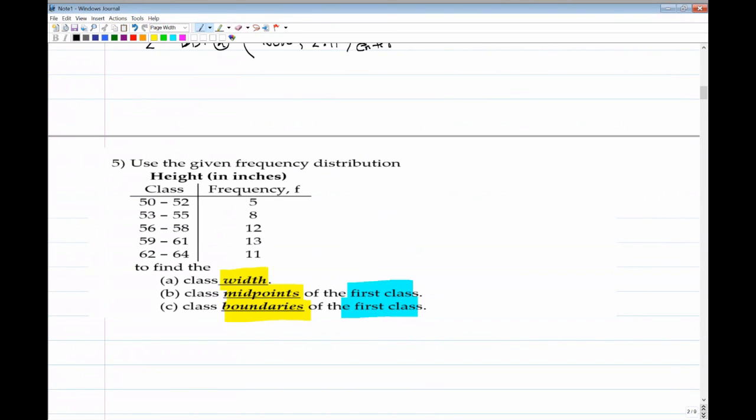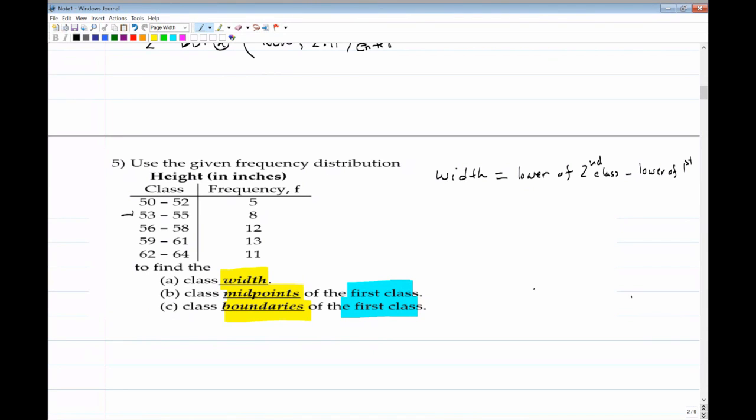So first let's define the width. The width is usually given to us as the lower of the second class minus the lower of the first class. You could also do upper, but it depends.